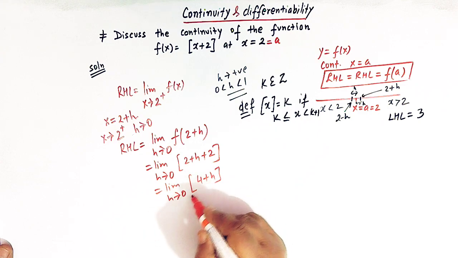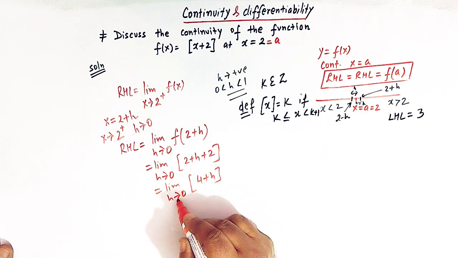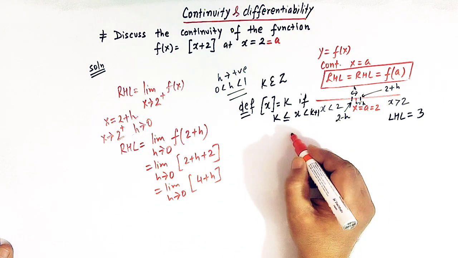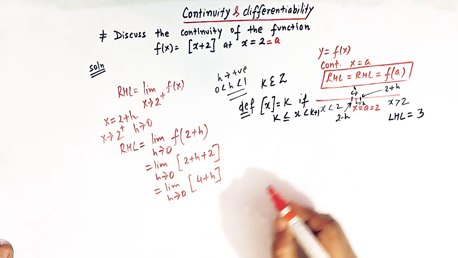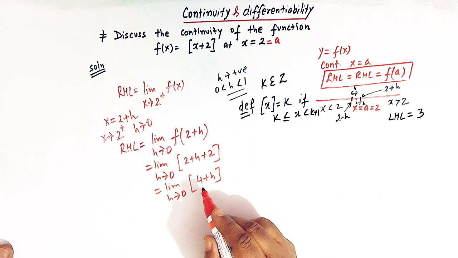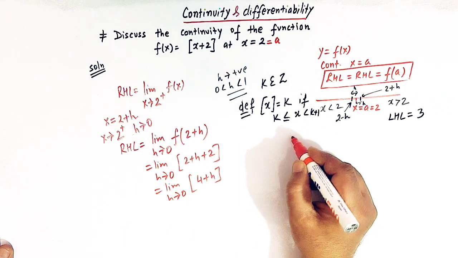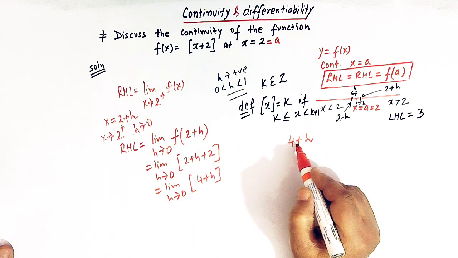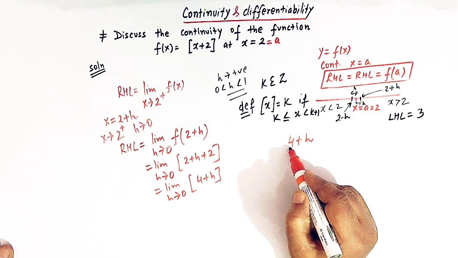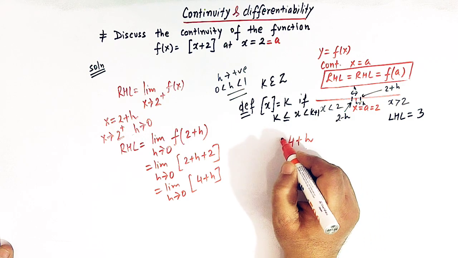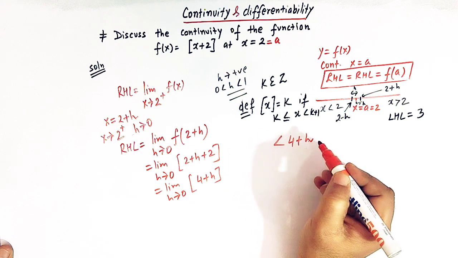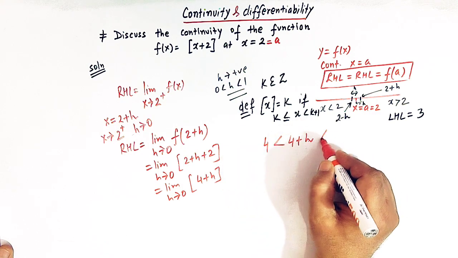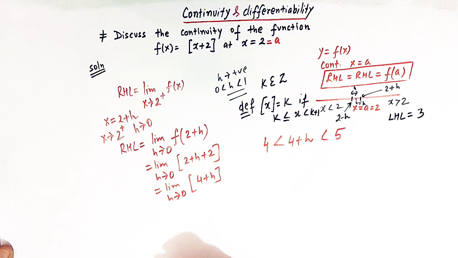So now again we cannot substitute h equal to 0 directly here. Rather we'll use the definition of the greatest integer function. When we add h to 4, then 4 plus h is slightly greater than 4, but it is less than 5, right?